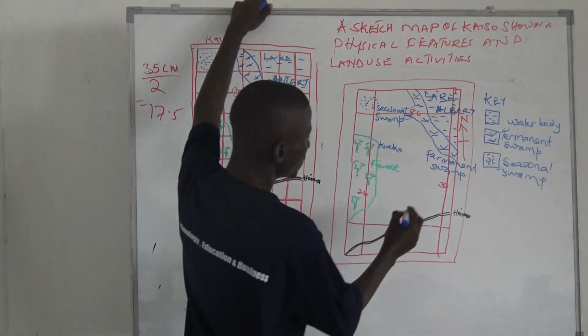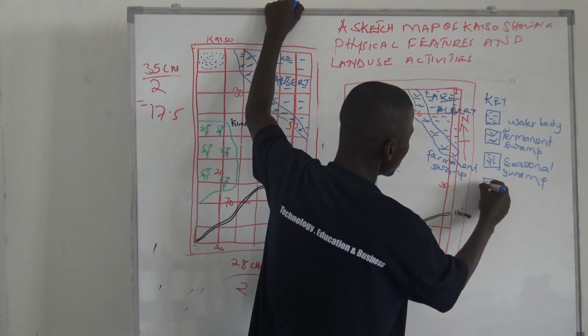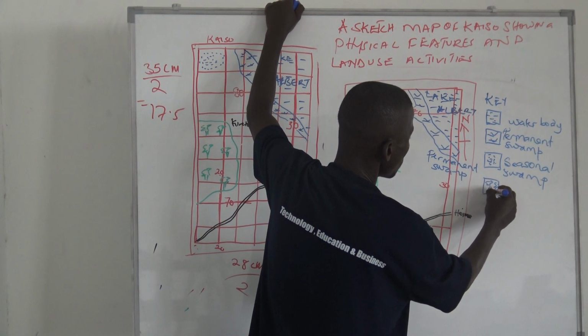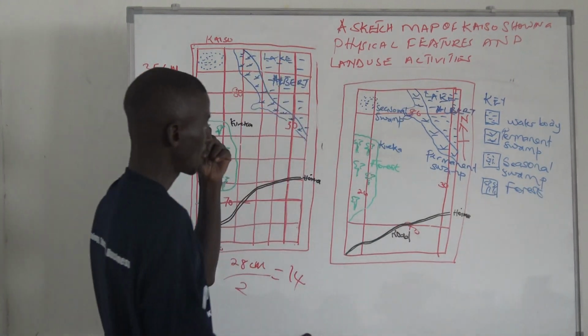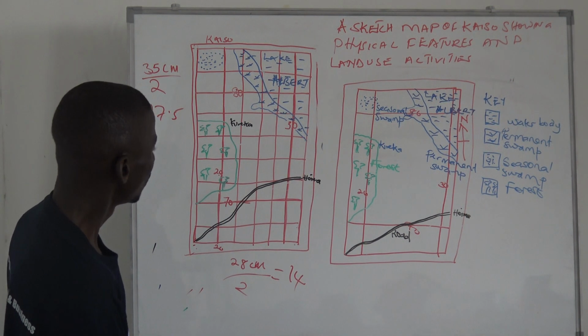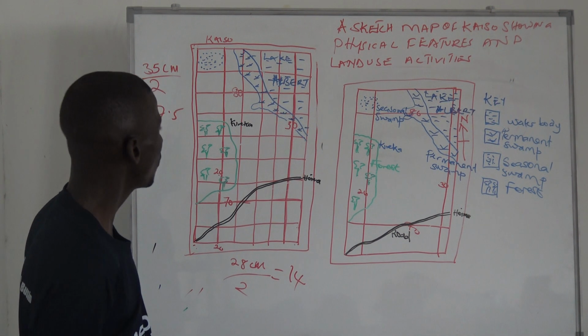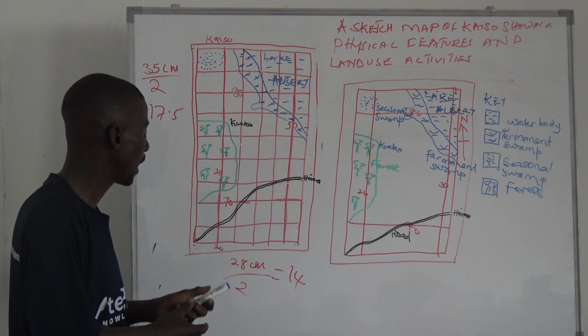From there, what else have we not indicated? The forest. So, that is what is expected. That is that sketch map.